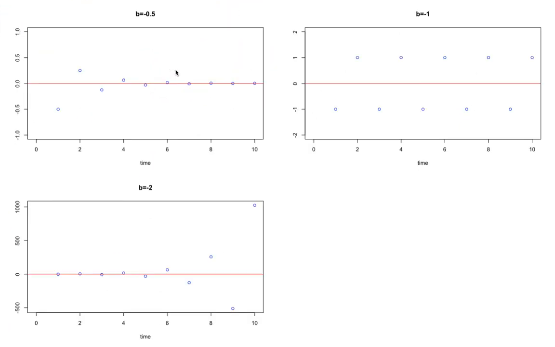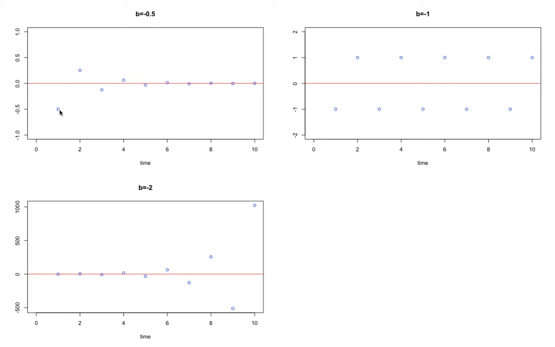Okay, so now if b is equal to negative 0.5, of course, as t gets bigger, the absolute value of b to the power t gets smaller and smaller. As you see here, we have convergence. But look, unlike in the previous cases, we have here a negative value of b, and what does it do?